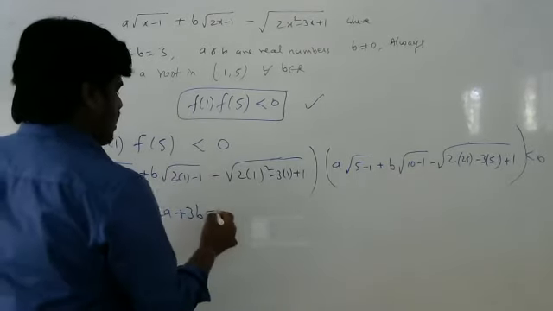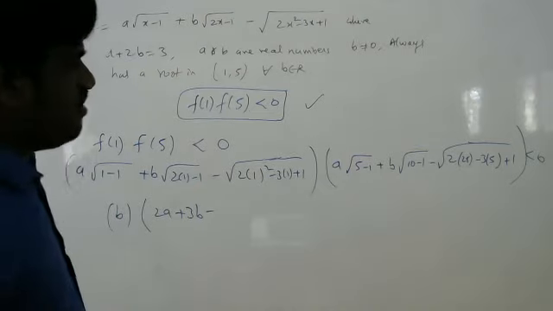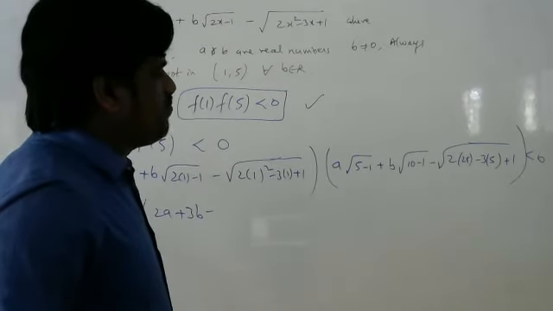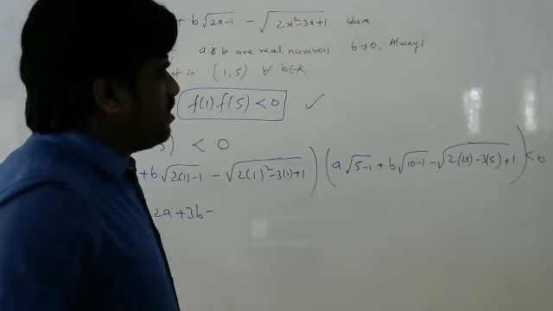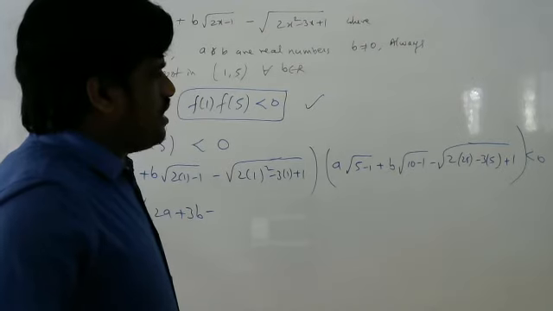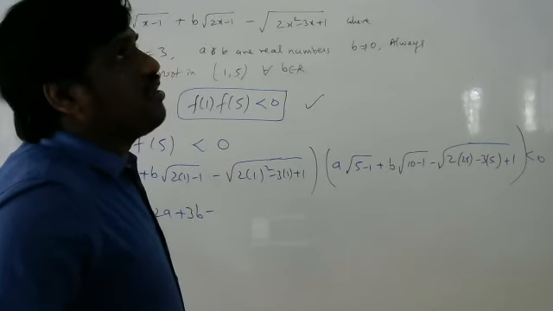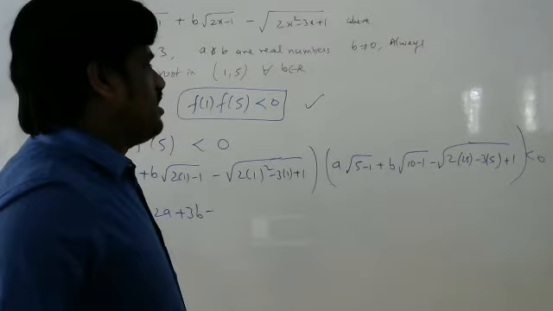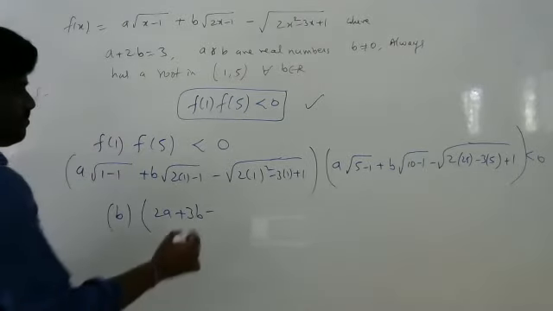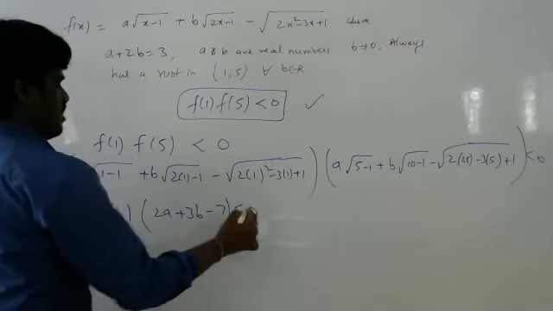Then 25 into 2, 50, 51 minus 15, 49, square root of 49 is 7, less than 0.